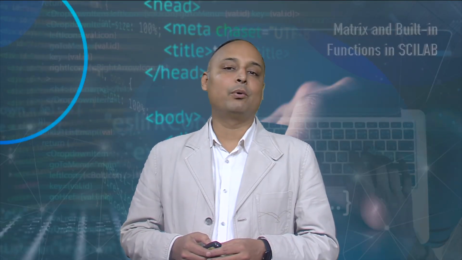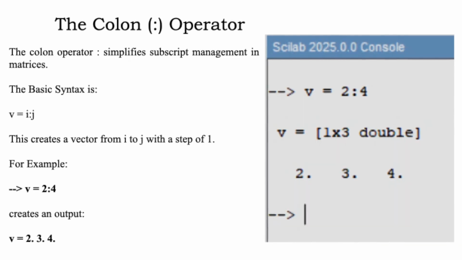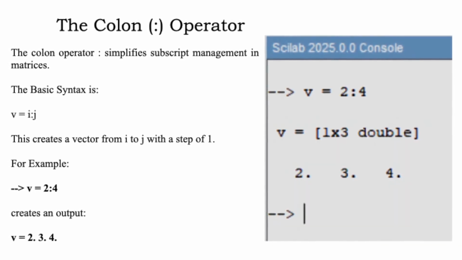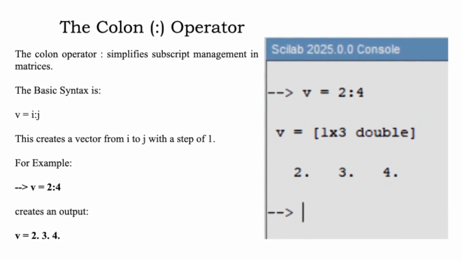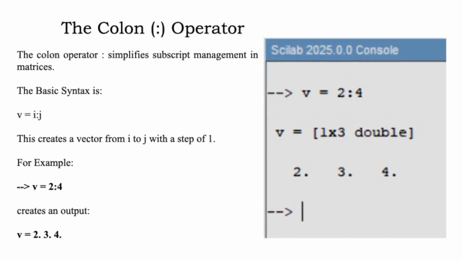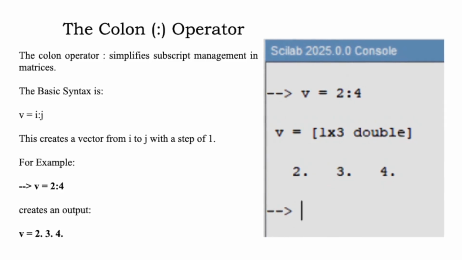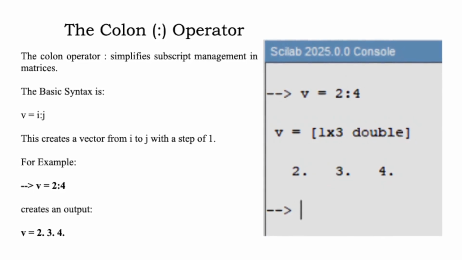Next, we will discuss another very important operator of matrices in Scilab called the colon operator. The colon operator simplifies subscript management in matrices. The basic syntax is V = i:j.